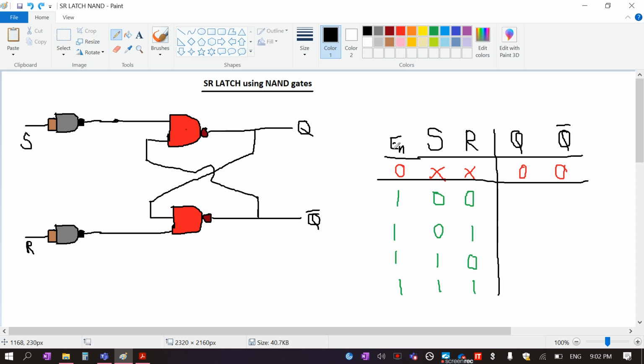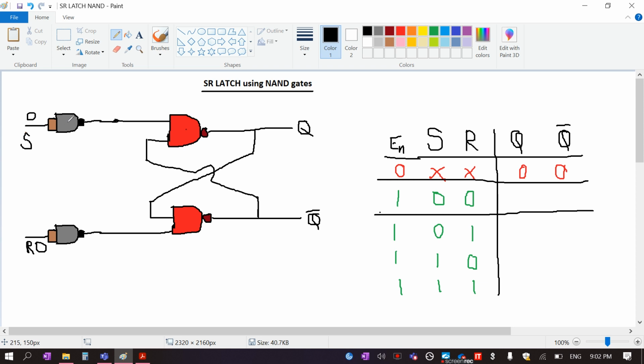Let me take the first condition, enable is 1. That is nothing but our circuit is in the positive state, that is, the power supply has been given to the circuit. So let me take 0 0 as the first condition. Here I will take 0, here also I will take 0.